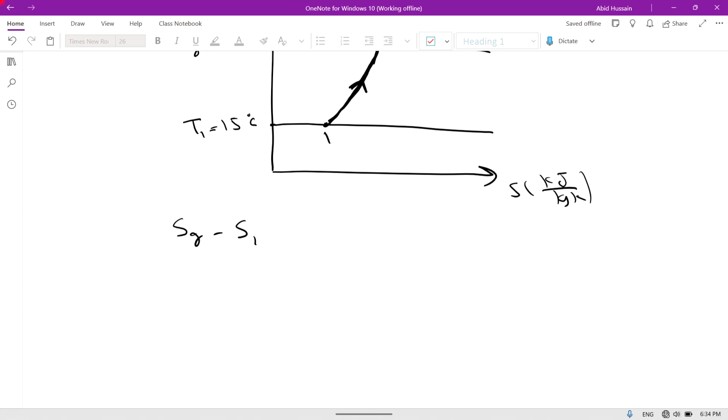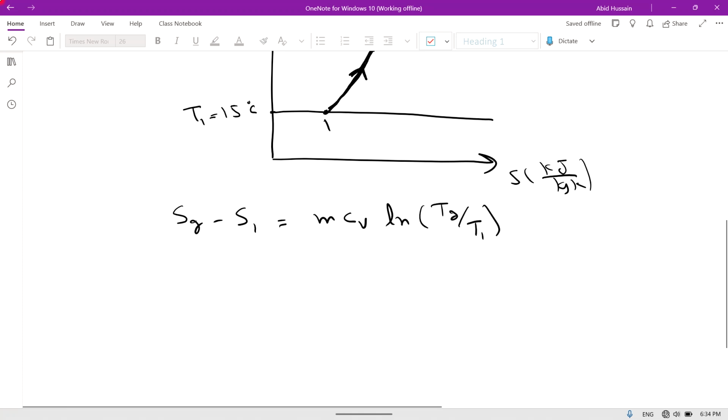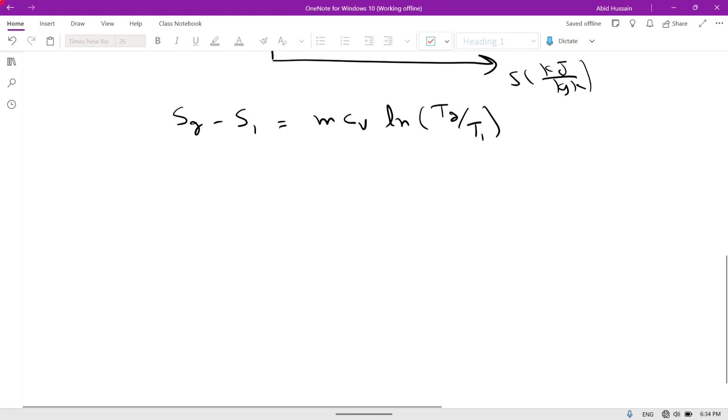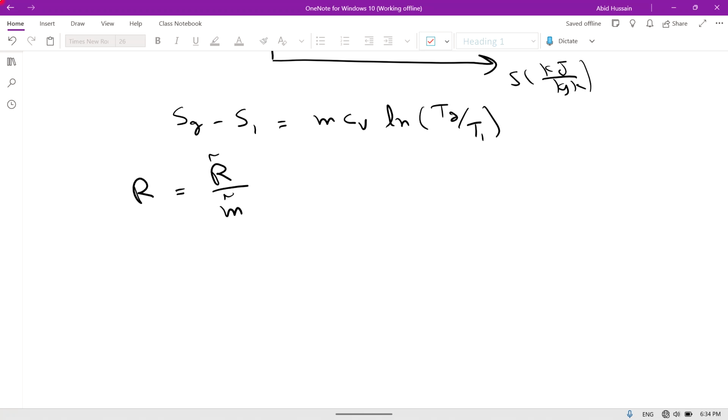Now we find S2 minus S1, which is equal to m CV natural log of T2 over T1. For this we will find m and CV. CV is equal to R divided by gamma minus 1, and for that we find R. R is equal to the molar gas constant divided by molar mass.